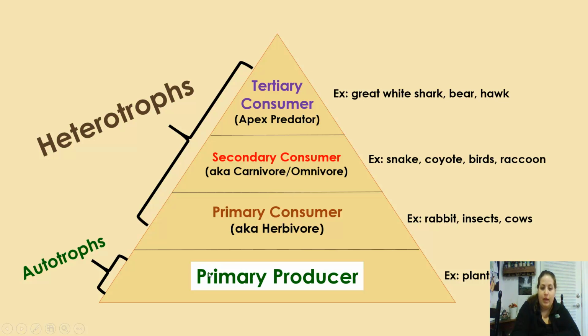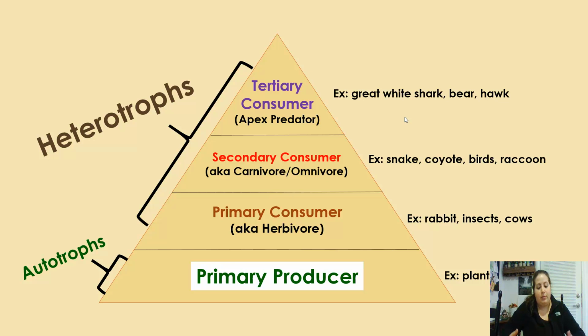Now, if you think about Earth, when we talk about primary producers, there are tons of plants on Earth, all over the place. But then when we get up to our tertiary consumers, in comparison to the number of plants on Earth, there's not that many great white sharks or bears. And that's because we've lessened the amount of energy as we go to the top of the pyramid. There's more plants that contain a lot of energy.